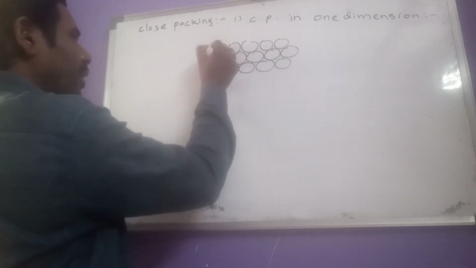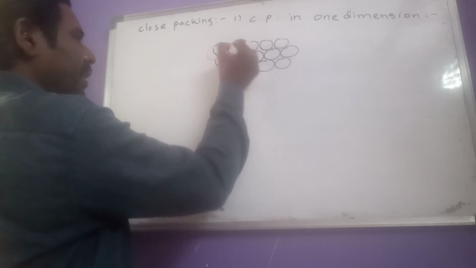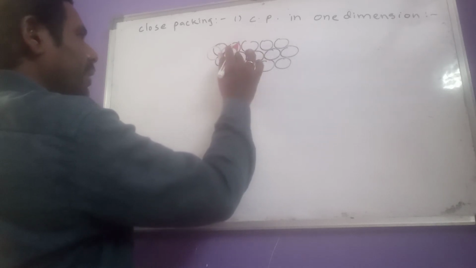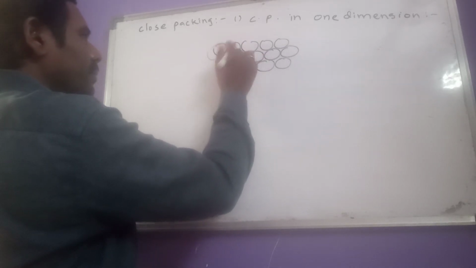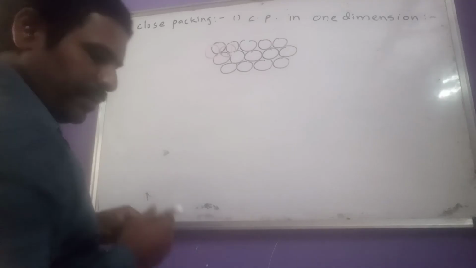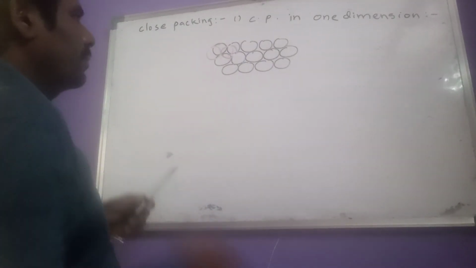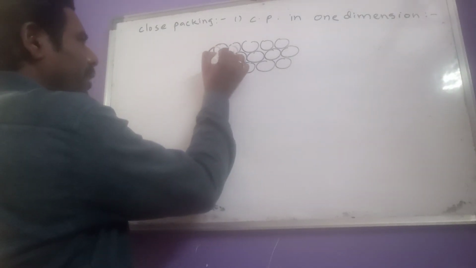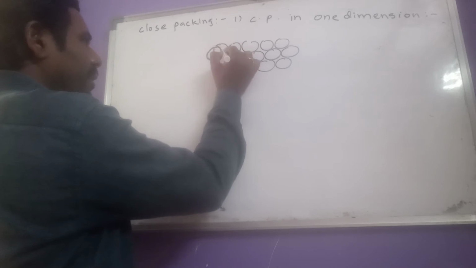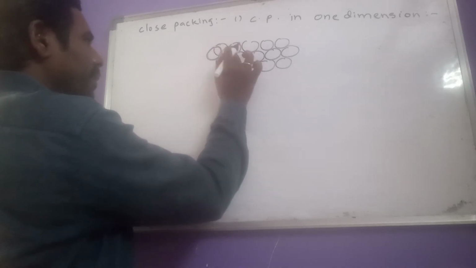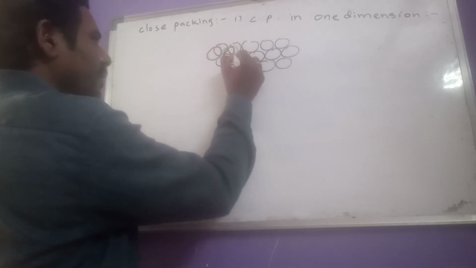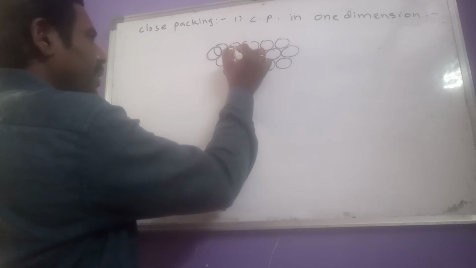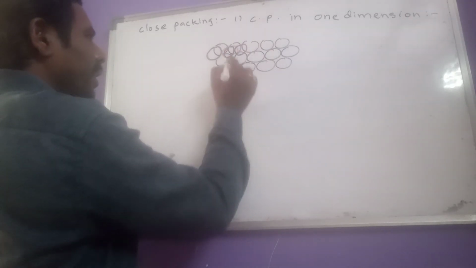So this is one atom, this is second atom, like that. Let it be the one sphere, let it be the second sphere, let it be the third sphere, like that.